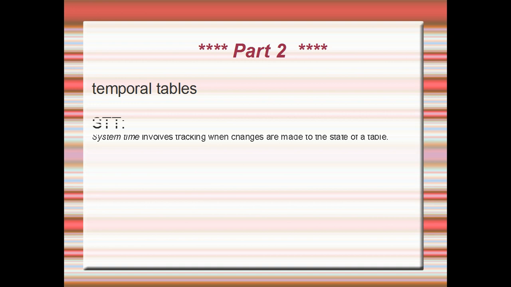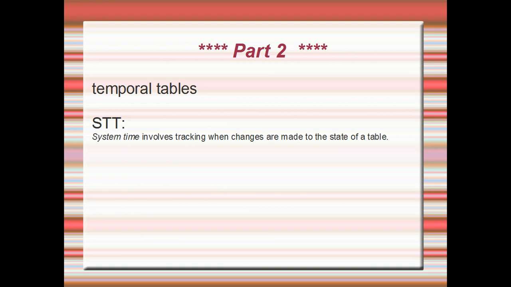Hi friends, this is Sunil Kashyap back once again for discussing the second type of temporal table, which is application temporal tables. So in part 1 we have discussed STT, those are system period temporal tables.